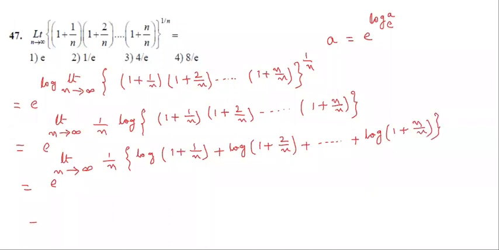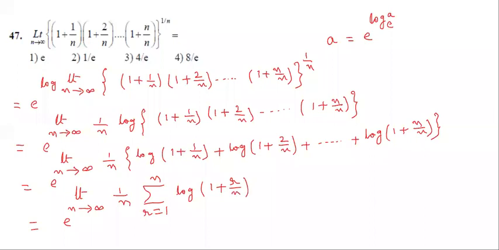So this is written in short form: e power limit n tends to infinity, 1 by n sigma r equal to 1 to n, logarithm of 1 plus r by n.